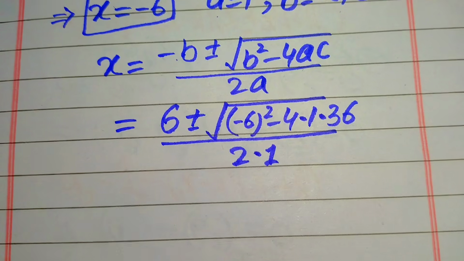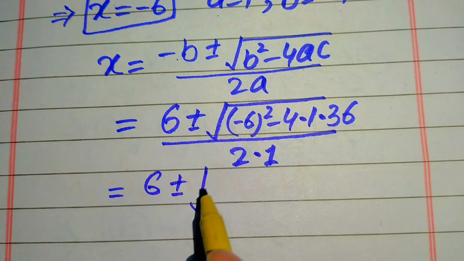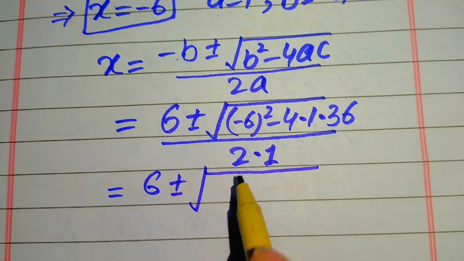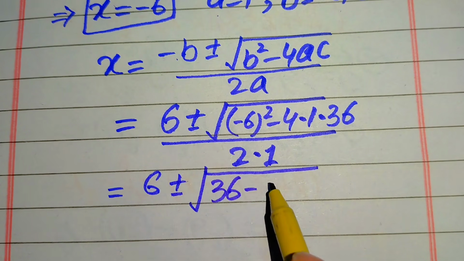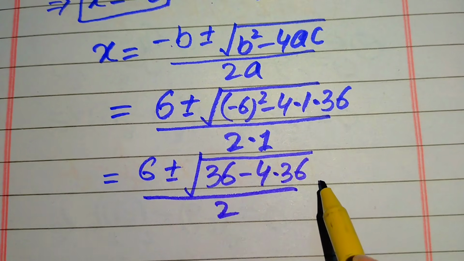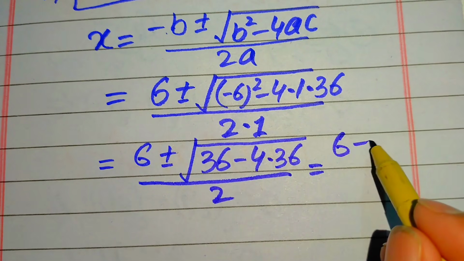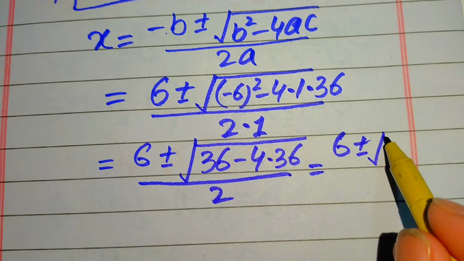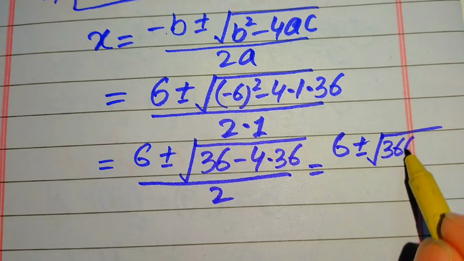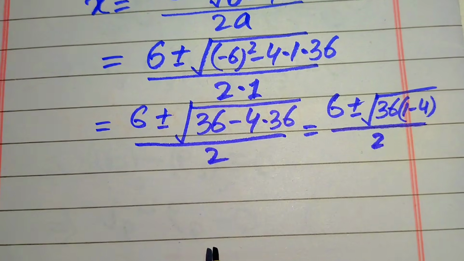Further in the next step we need more simplification, and we get 6 plus minus square root of 6 square, which becomes 36, minus 4 times 36, divided by 2. Here we take common 36 inside the square root sign, and we get 6 plus minus square root of 36 times (1 minus 4), divided by 2.